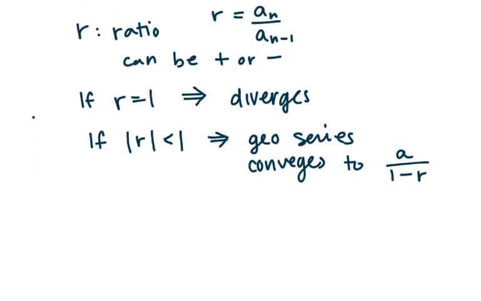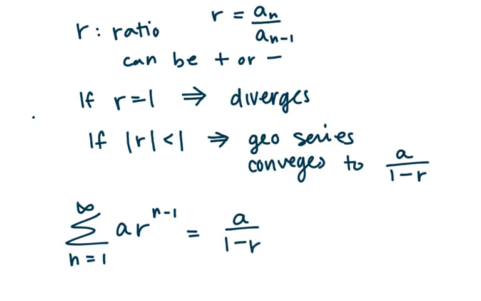So what we can say then, this sum as n goes from 1 to infinity of a times r to the n minus 1, if that ratio is a fractional value between 0 and 1 or 0 and negative 1, then it converges to the value a divided by the quantity 1 minus r.